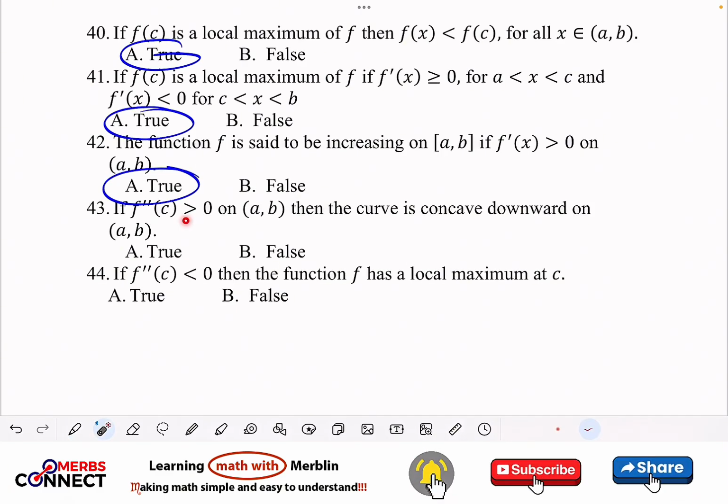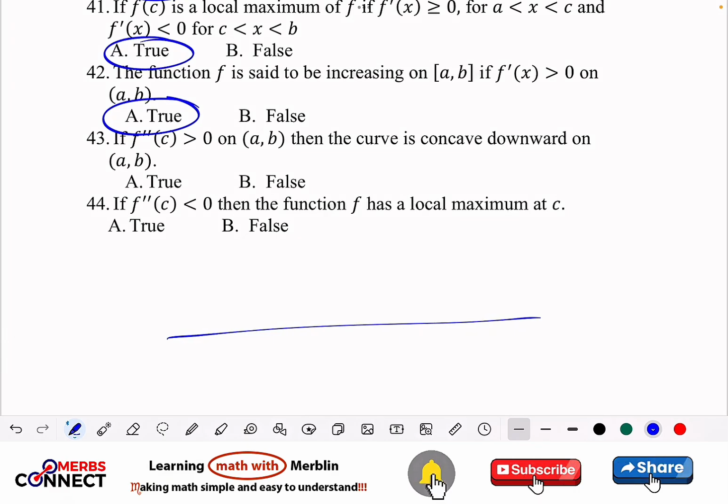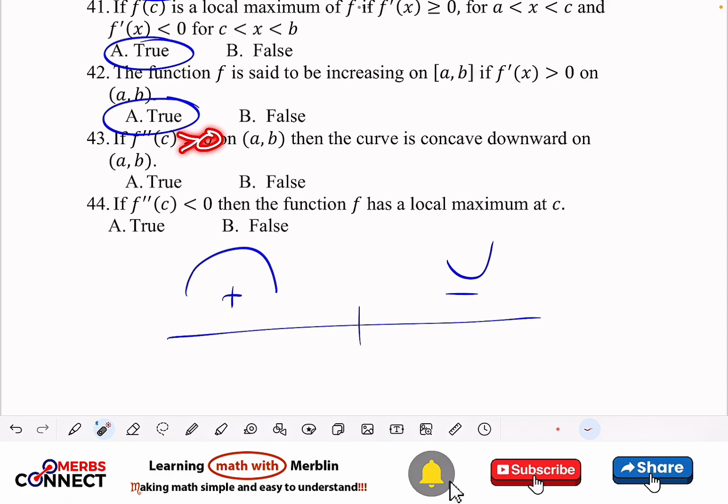This is greater than 0, then we have concave down. So let me see. We have f prime prime to be positive. So positive is concave down and negative is concave up. Because when it is this greater than 0, this one is going to give us minimum.